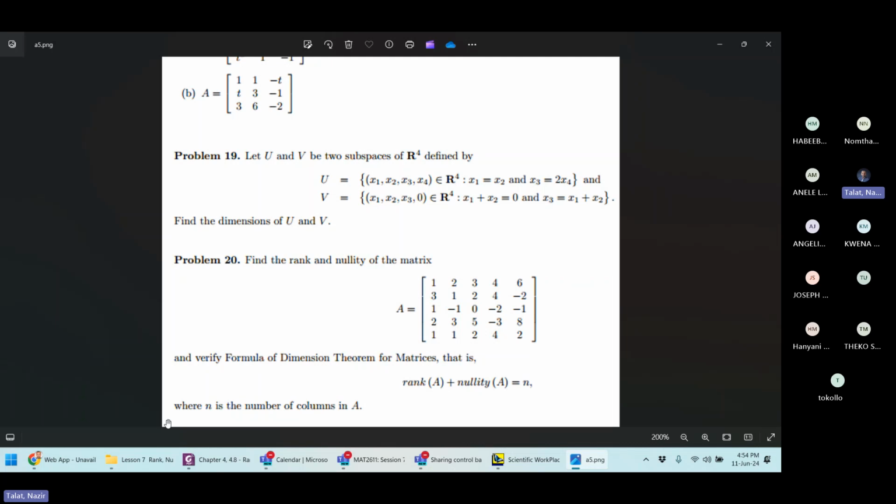If you want more clarity, apply some more operations: make all the leading entries ones and all the other entries in those columns zero, unless the row is zero. So if you stop at echelon form only, it is sufficient, but if you apply more steps and get the reduced echelon form, it's still fine.